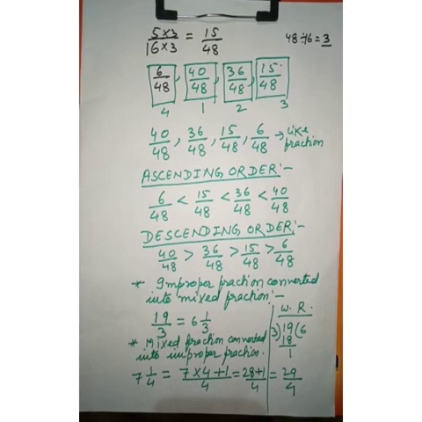Okay, how to convert unlike fractions into like fractions. If arranging in ascending and descending order with different denominators, first you have to convert all the fractions into like fractions, then only can you apply this rule. Okay, how to arrange in ascending and descending order.